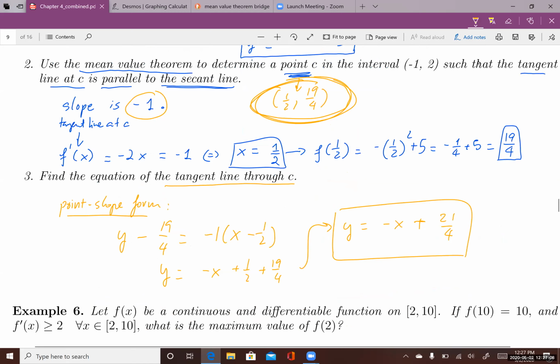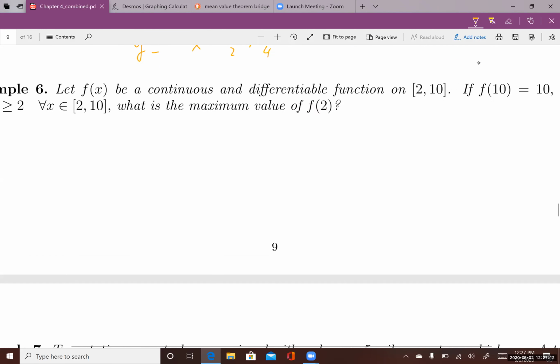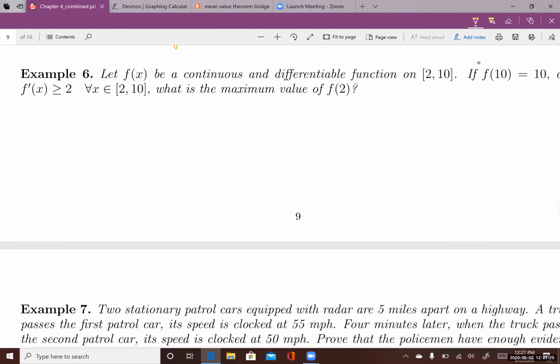Okay, next example. So the next example asks you to find... If you have a function f of x, and that function is continuous and differentiable on the closed interval from 2 to 10, these 2 conditions already satisfy the mean value theorem, okay?